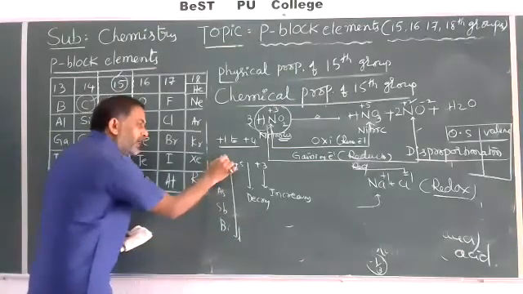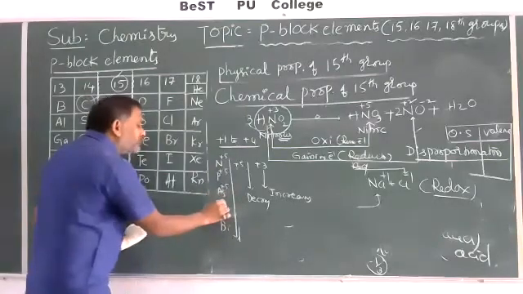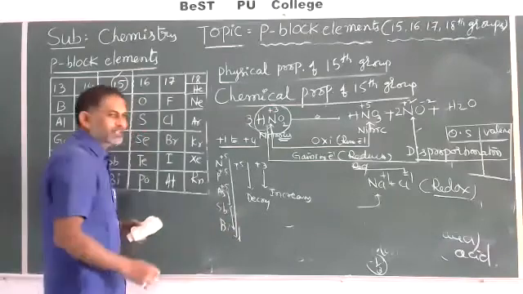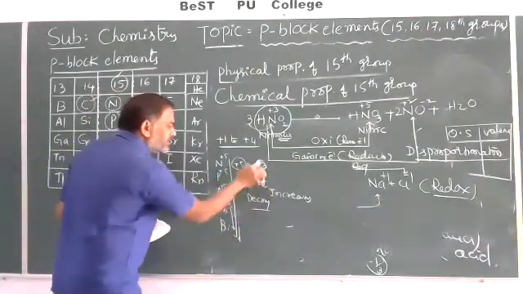Nitrogen shows plus 5 easily, but here it is difficult to show plus 5 oxidation states. So the formation of plus 5 oxidation state decreases, plus 3 increases.